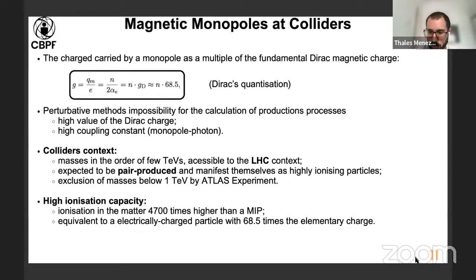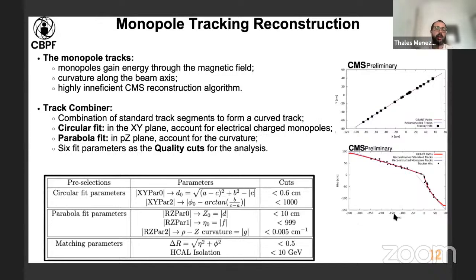So how can we identify these particles within our detector? Since the most interesting characteristic feature of this particle is its ionization capacity, we should look at the tracking reconstruction. Since monopoles are magnetically charged, they gain energy and interact with the magnetic field of the CMS, which results in a curvature along the beam axis, which doesn't happen for, let's say, an ordinary particle.